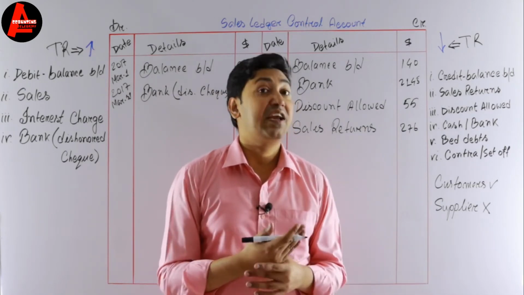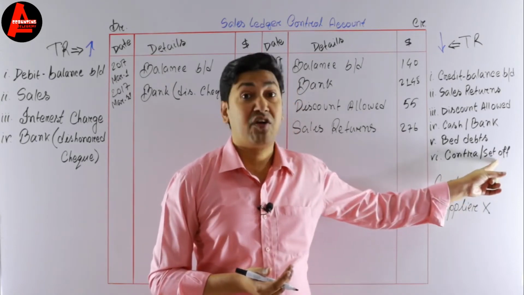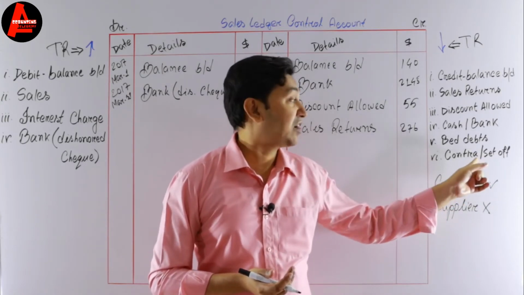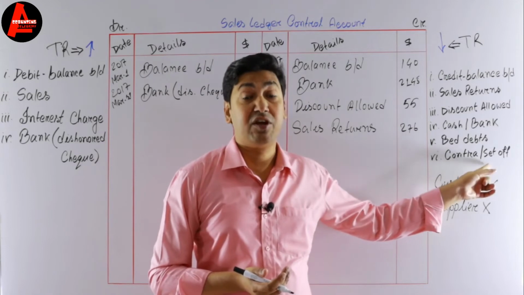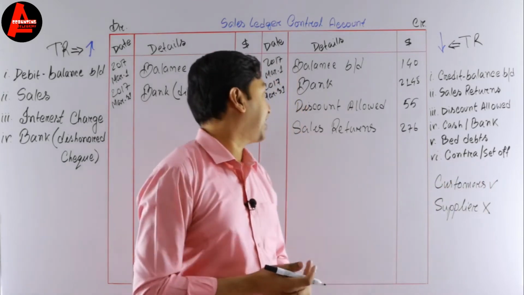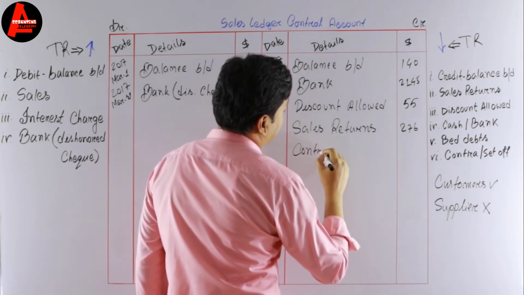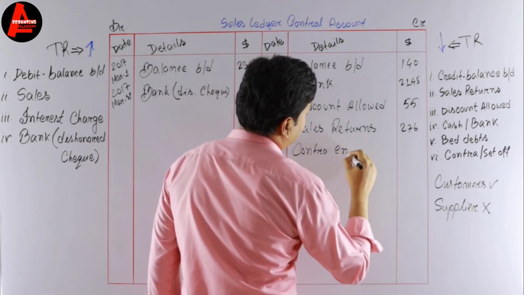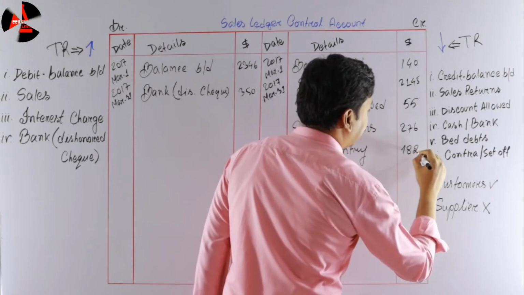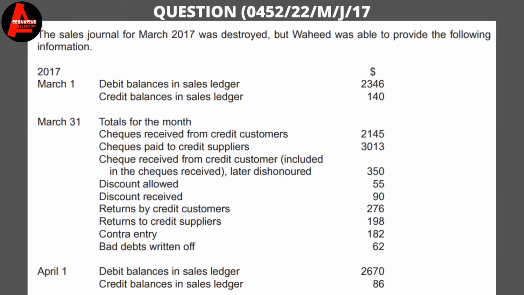It is written as set off. If you see the set off, it is the same as contra entry, and it will be recorded the same way. So let us write here contra entry $182.